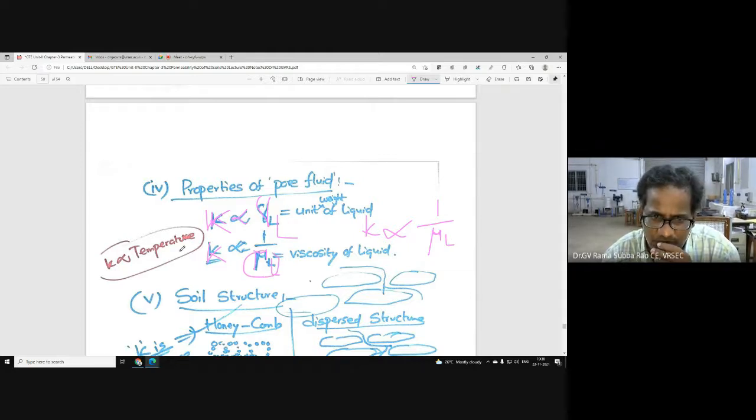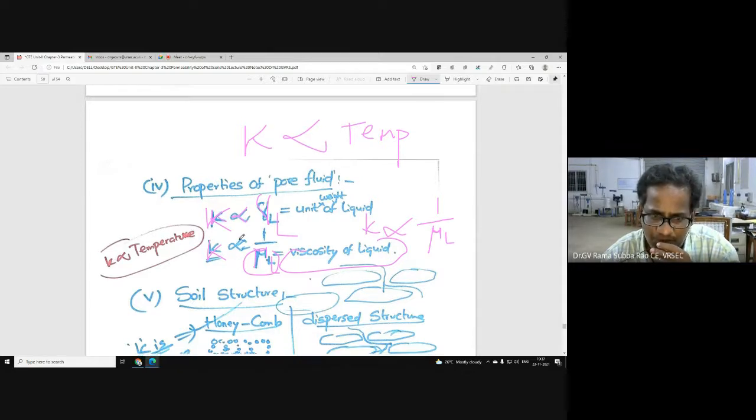As the temperature increases, permeability of soil increases, because viscosity reduces. Viscosity is inversely proportional to permeability of soil. So these are some of the main factors influencing the permeability of soil.